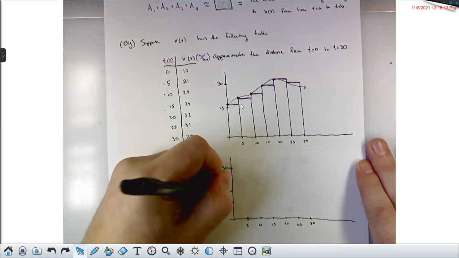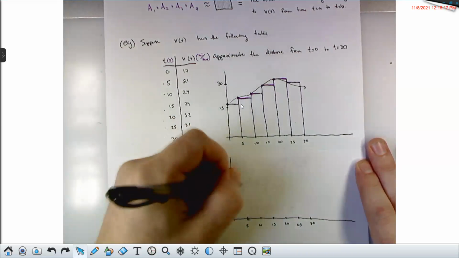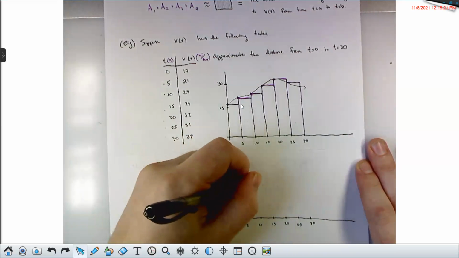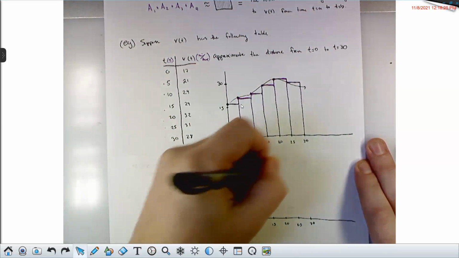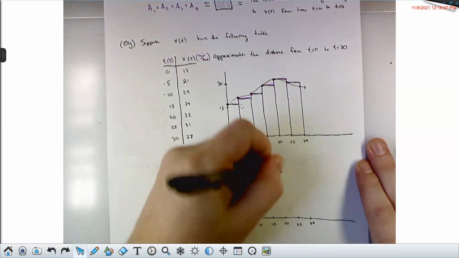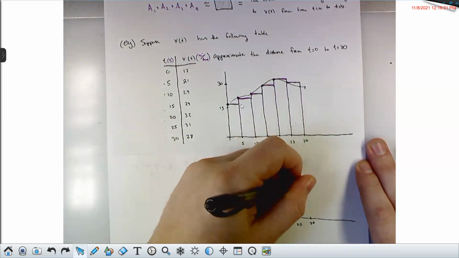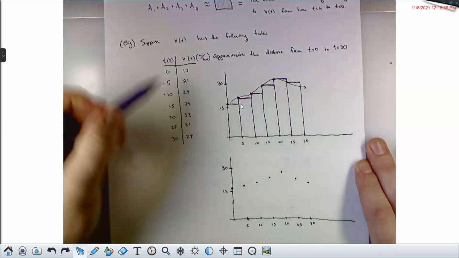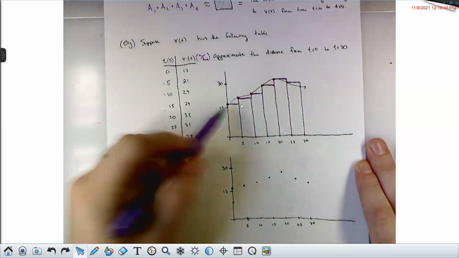The first rectangle in the left endpoint picture is 17.